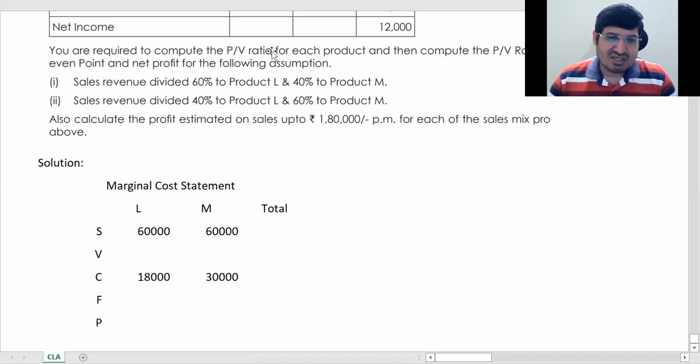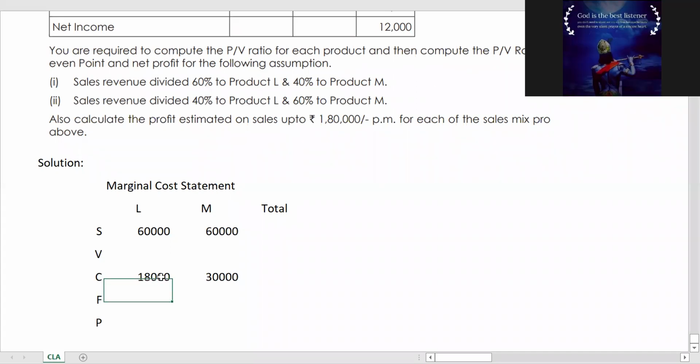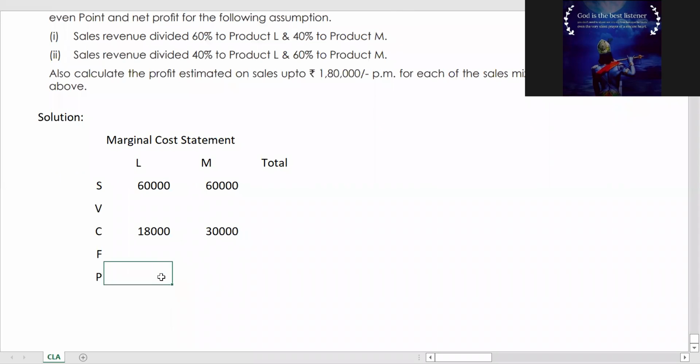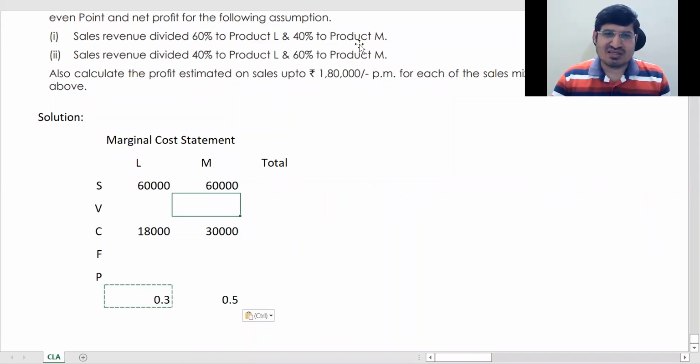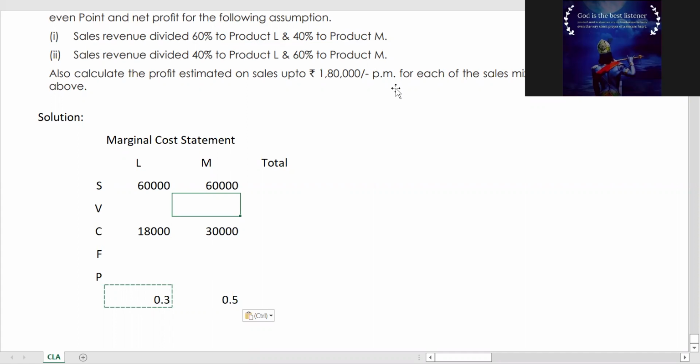Varshini? Now see, 1,20,000, 40%. So for sales L, revenue 40%, sir. 50%, right? This is 50%. Okay, you are talking about this part. Yes, sir.